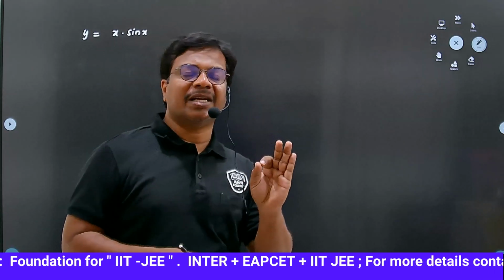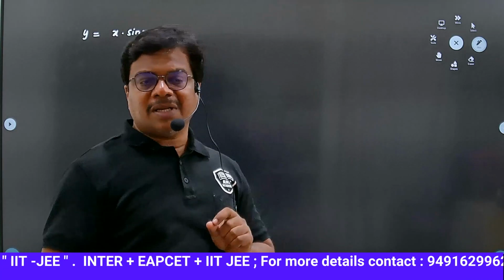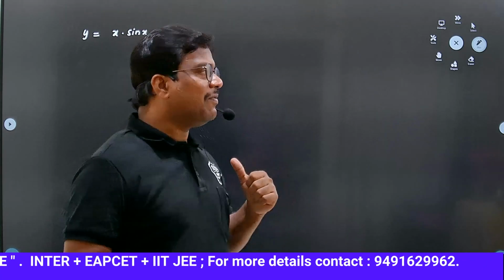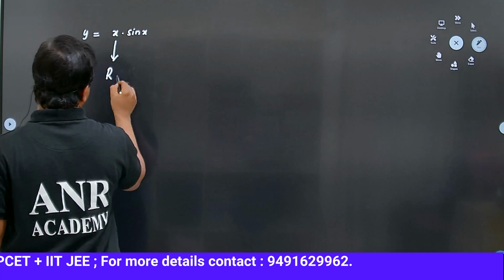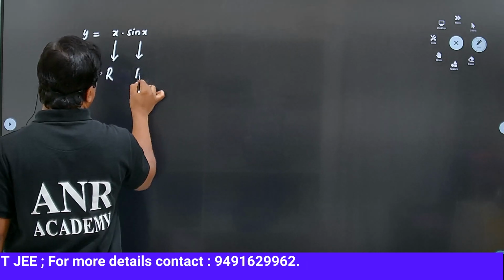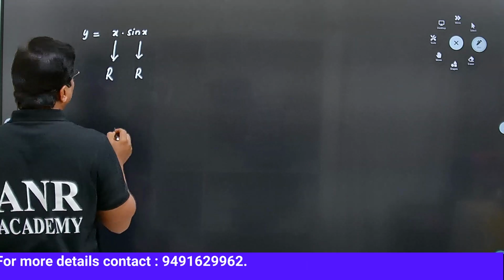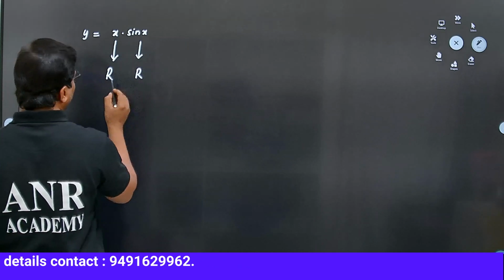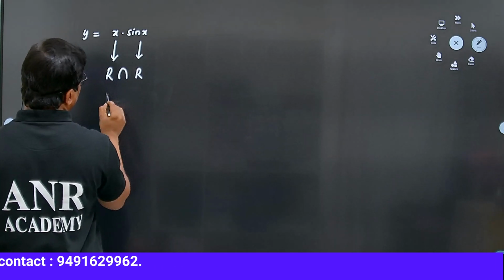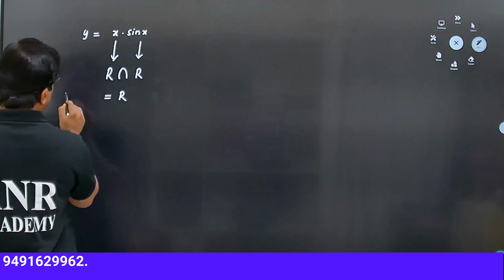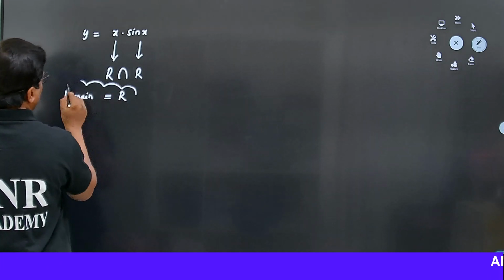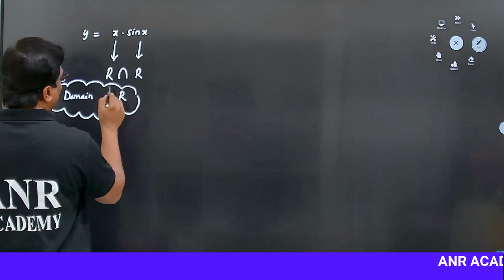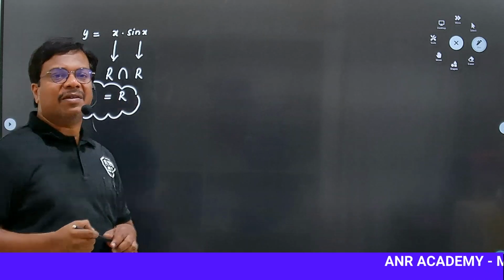The domain depends upon the common domain of the given functions. You know that x is defined for all real values of x, and sin x is defined for all x belonging to R. Both are defined, and their intersection, the set of all real values, is the domain of y. So now you have to draw the graph of y for all real values of x.